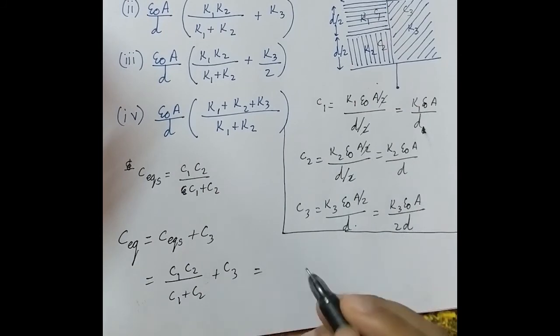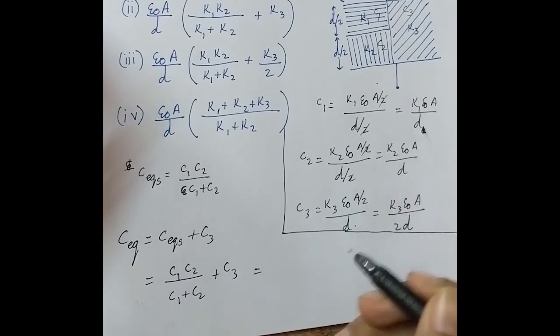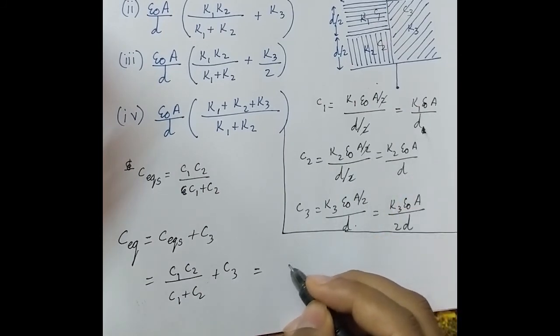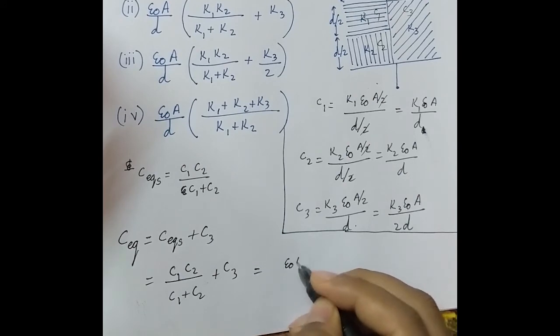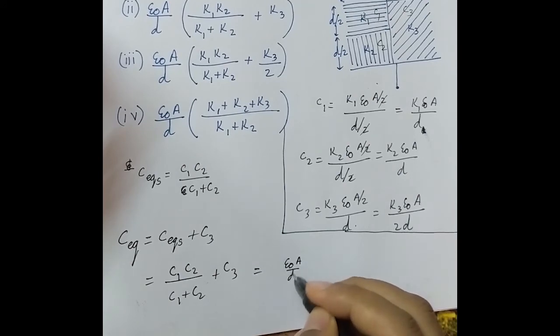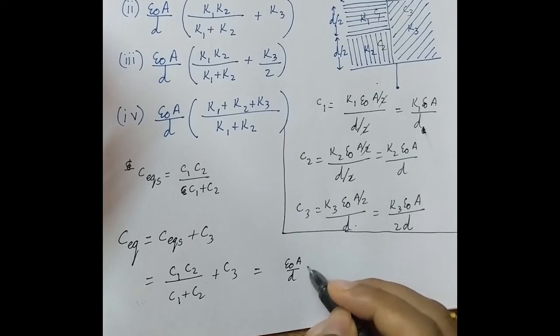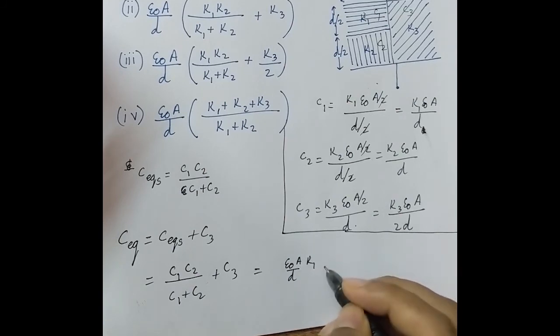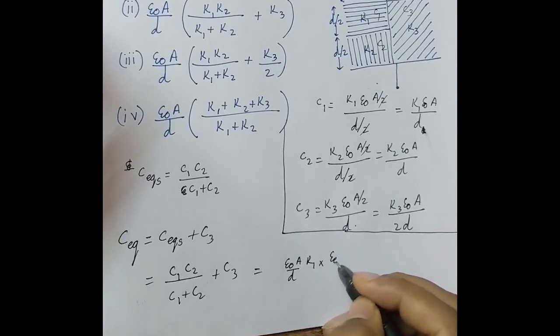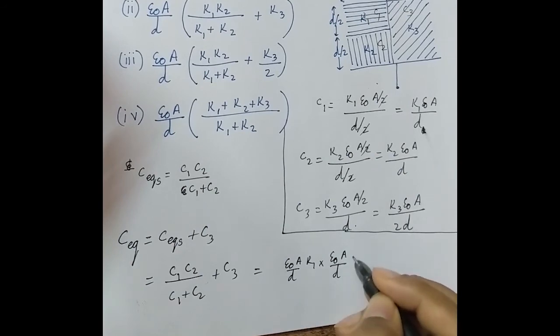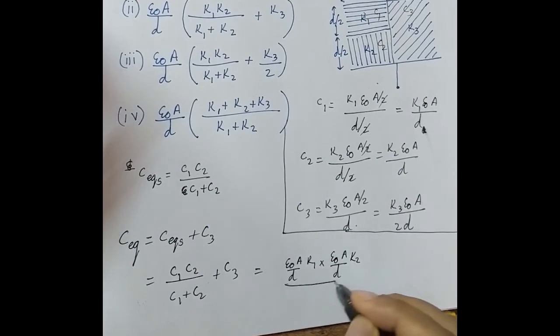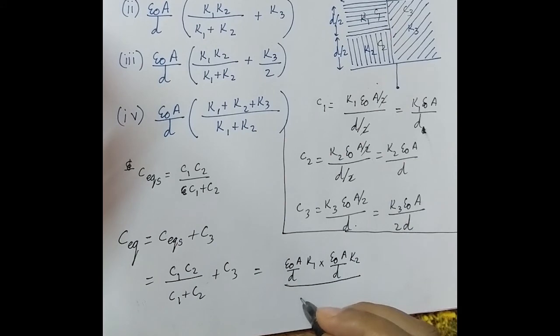Putting the values from here, I can take epsilon naught A by D common, into K1, epsilon naught A by D into K2, divided by epsilon naught A by D. I can take common from these two and I just have K1 plus K2.